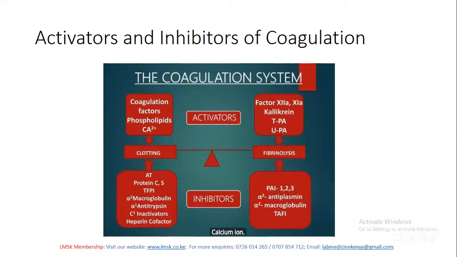And then the inactivators or inhibitors of the clotting process include protein C, protein S, tissue factor protein I, alpha-2 microglobulin, alpha-1 antitrypsin, C1 inactivators, and then fibrinolysis.